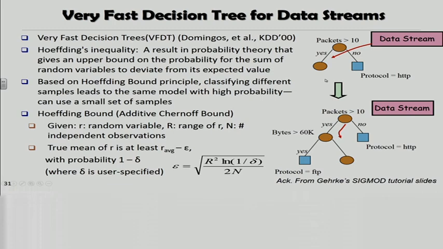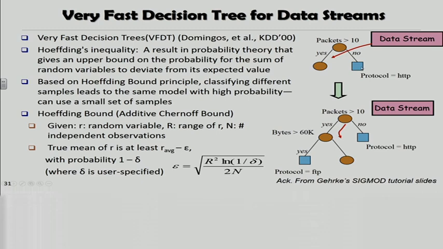So what kind of packets that come are HTTP or not. Suppose you want to check this. The data stream is coming, and you have a packet. You try to see what is the decisive factor to determine whether it's HTTP or not. So you can see, if the packet size is greater than 10, suppose you find it's always yes.